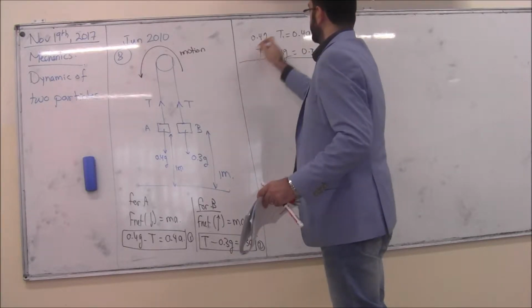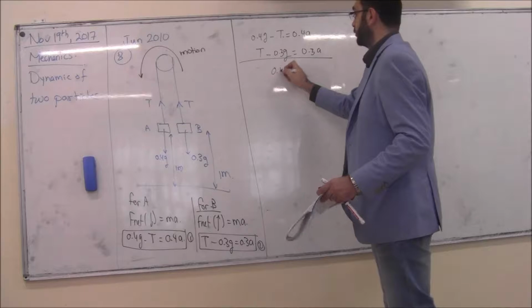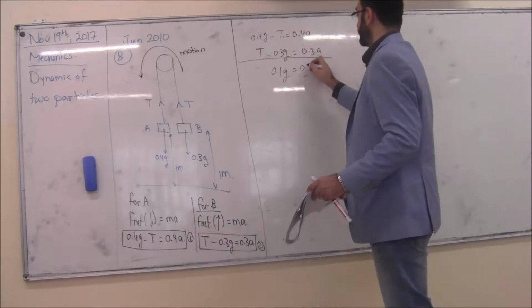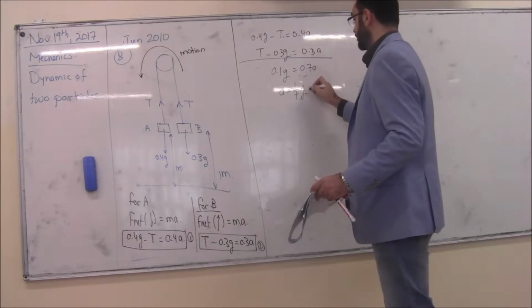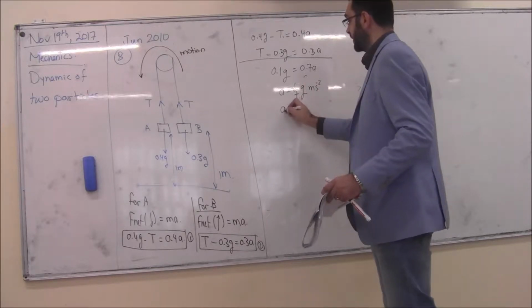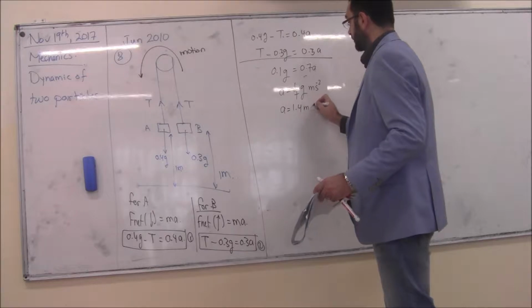So 0.1 g, T cancels T, 0.1 g equals 0.7 a. So a equals 1/7 g, which is 1.4 meters per second squared.